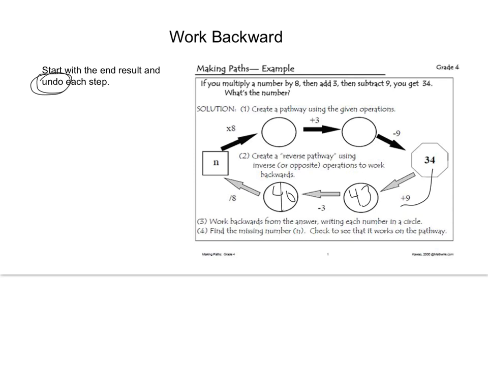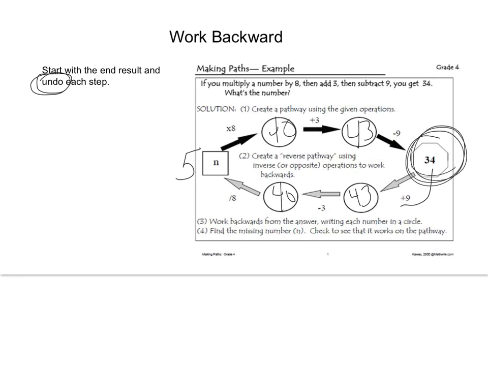Then they multiplied by 8, so you want to divide by 8, which gives us 5. Then you can go back and check it. 5 times 8 is 40, plus 3 is 43. 43 minus 9 gives us 34.